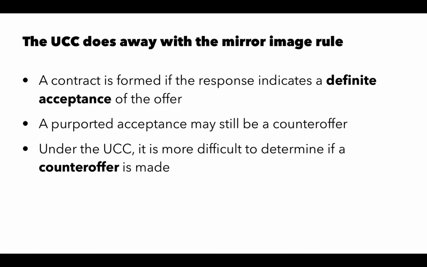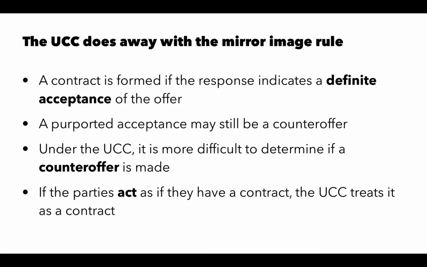So if I say I'm going to sell you my motorcycle for $1,000, and you say I will pay $1,000 as long as you throw in the helmet, under the common law, that would not be a valid contract because it did not mirror the offer. Under the UCC, it could be a closer call.